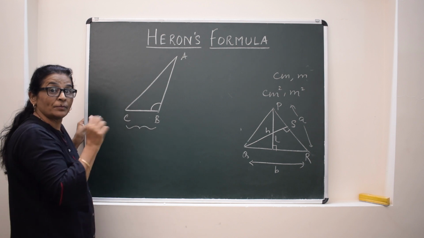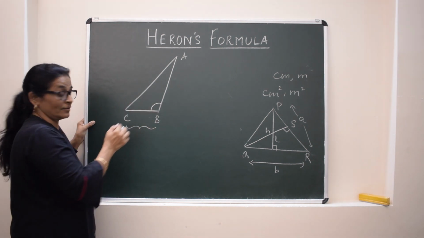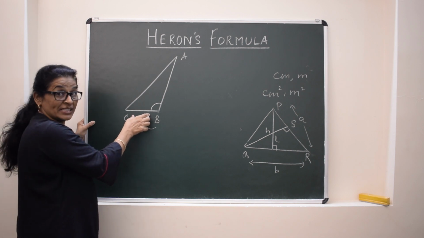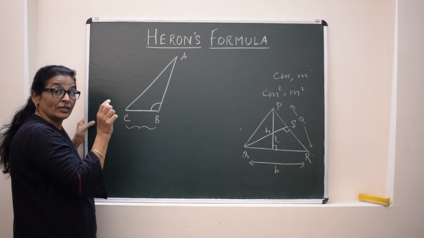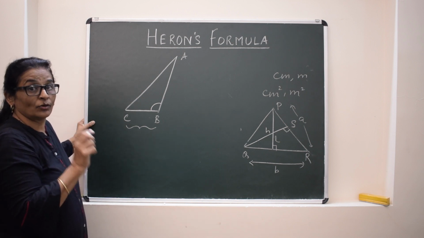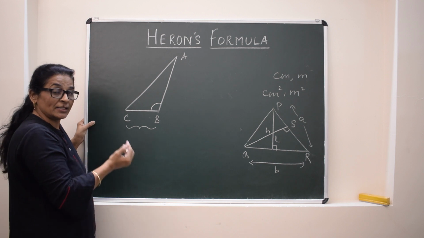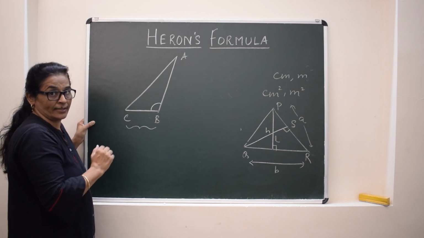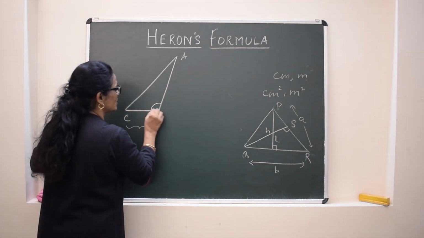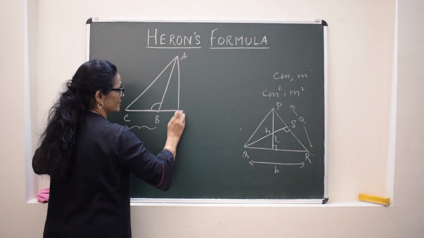But if you drop a perpendicular, or height of this triangle, by taking BC as the base, that height will not fall on BC. So sometimes the height of the triangle, or the altitude, falls outside the triangle. It means it will fall on the produced side. So we can produce this CB till here and this.